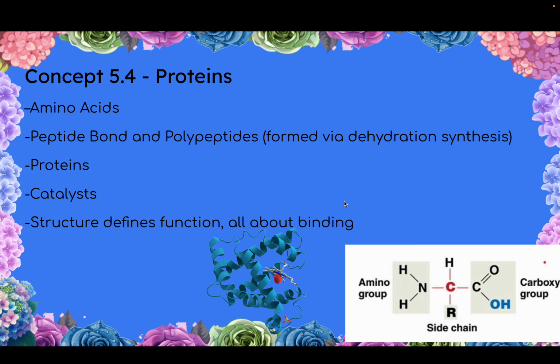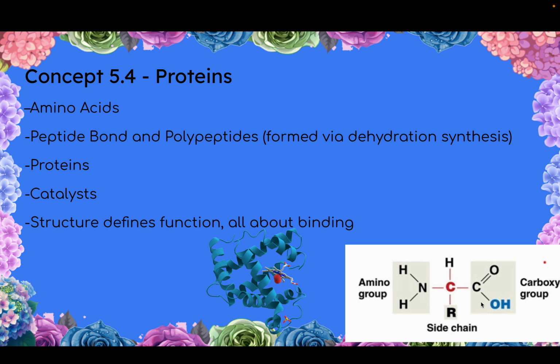Essentially, these amino acids, which are also called peptides, are bonded together by a peptide bond to form a polypeptide. And basically, they're bonded by, take a guess, dehydration synthesis. So the backbone here is what bonds the amino acids together.